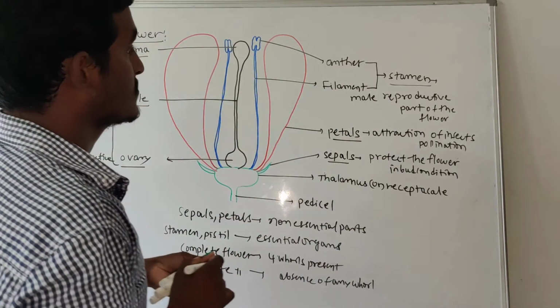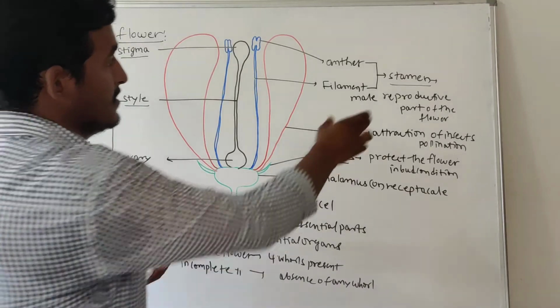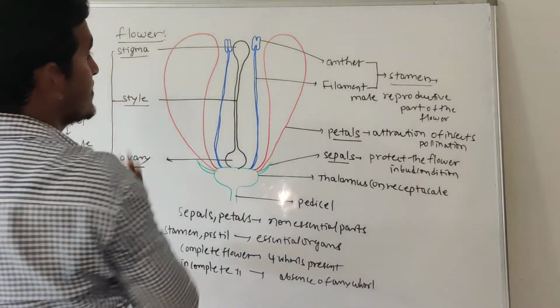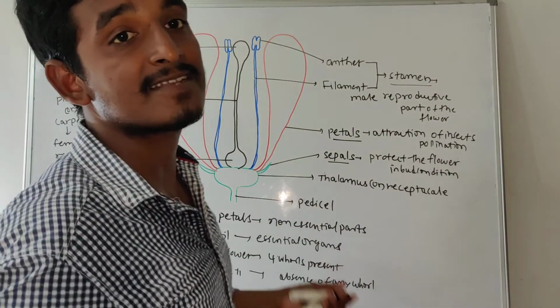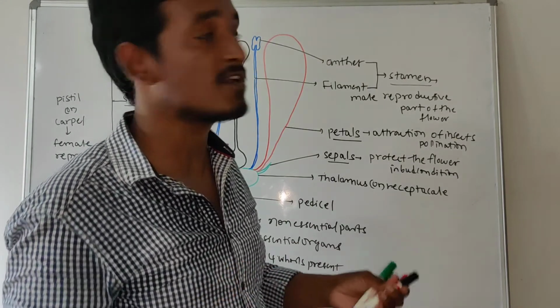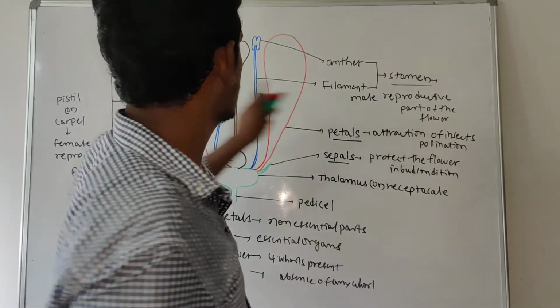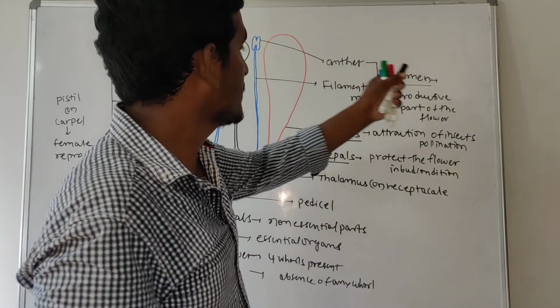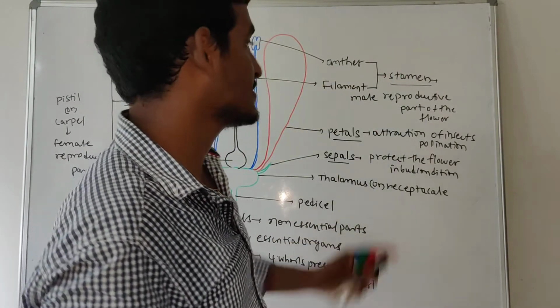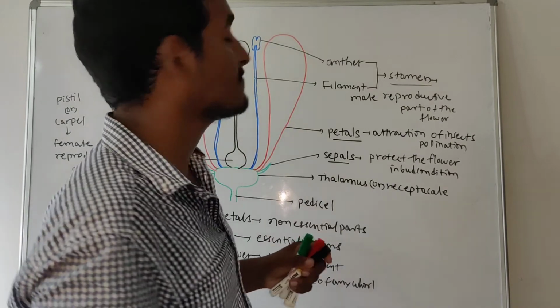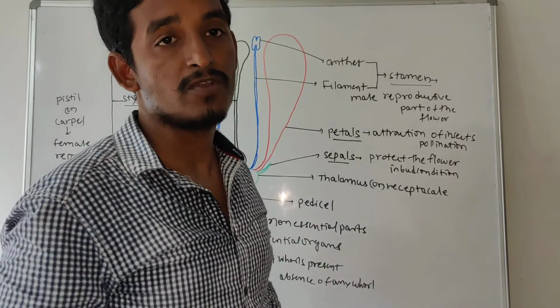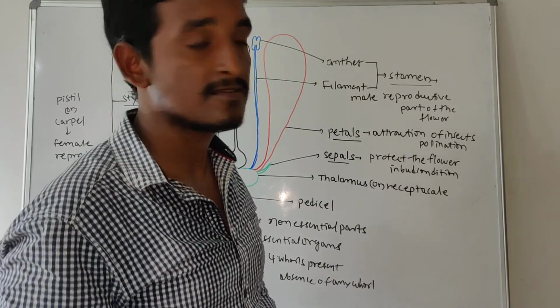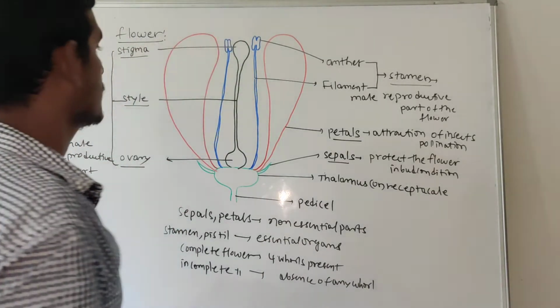If both sexual parts are present, we call it bisexual. Bisexual means it has both a male part as well as a female part. If it has only one sexual part, either male or female, then we call it a unisexual flower. So that is about a flower.